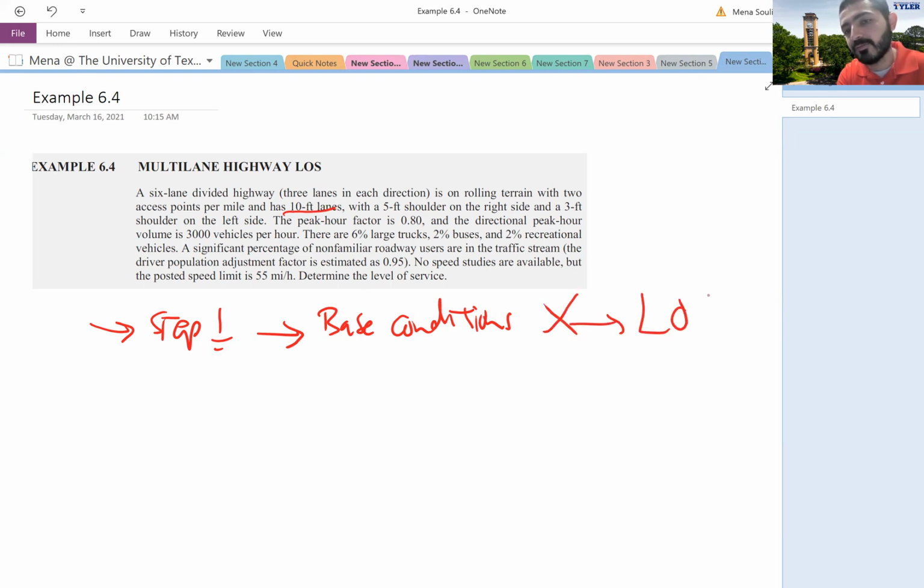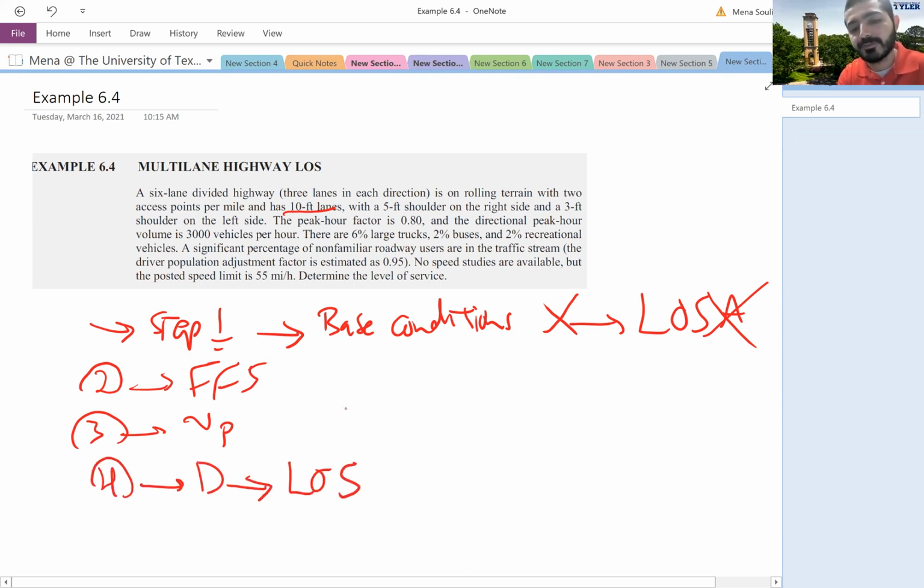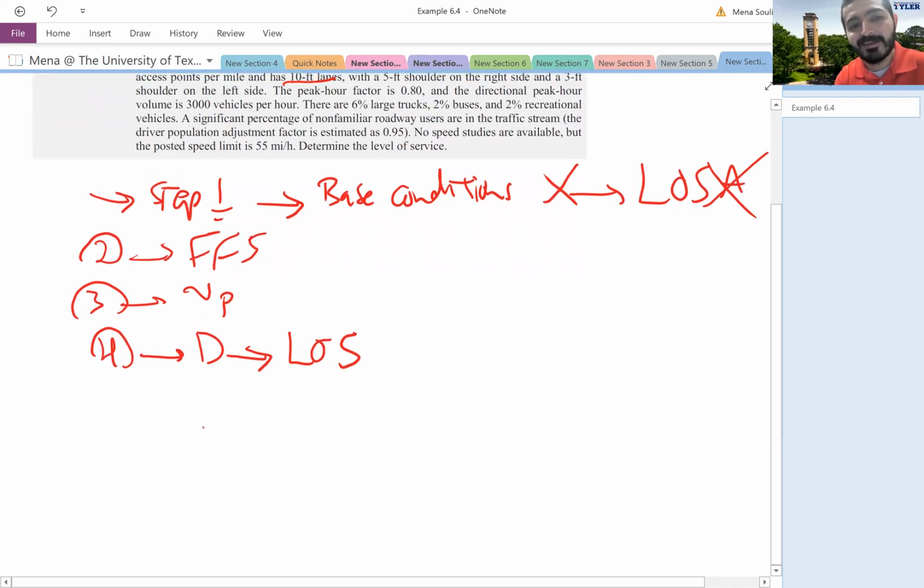So I know from now it's not going to be level of service A, and I have to go through the calculation. I need to get the free flow speed as a second step, the VP as a third step, and eventually I need to get the density, which is going to lead me to the level of service.